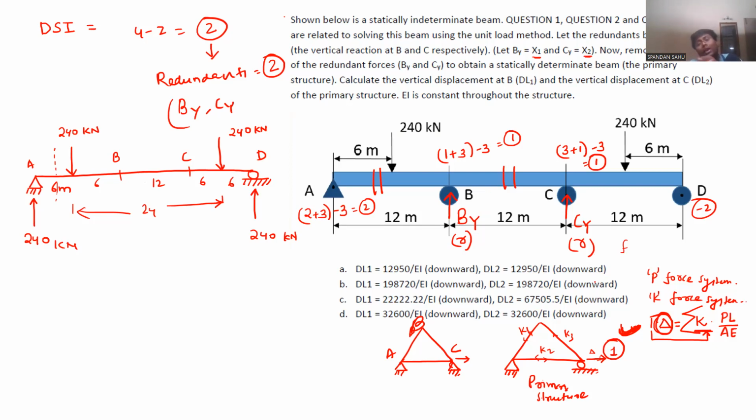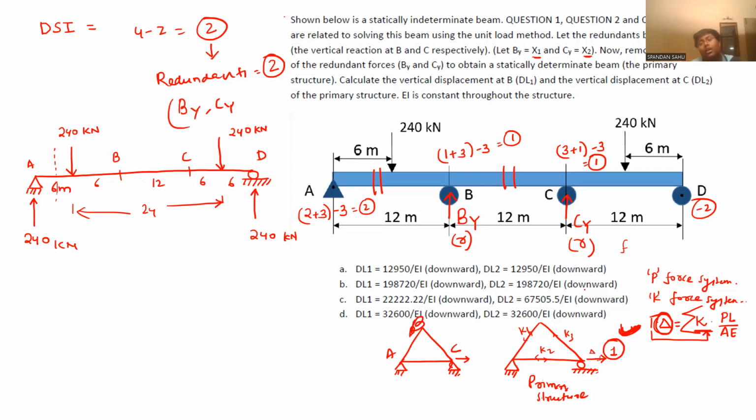But was your original reaction unity? No. It might be one, I am not telling it won't be one, but we don't know. We know that it will be some force Cx. So when you multiply F11 into Cx, it will provide the entire displacement occurred due to the original force Cx.